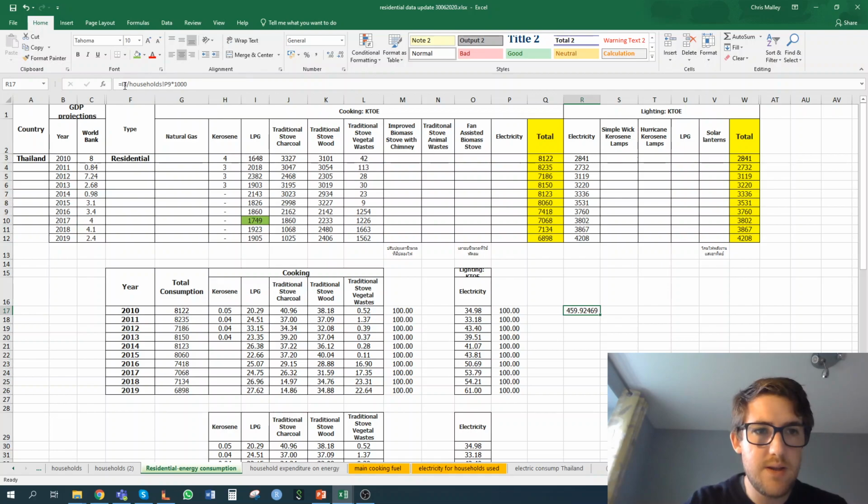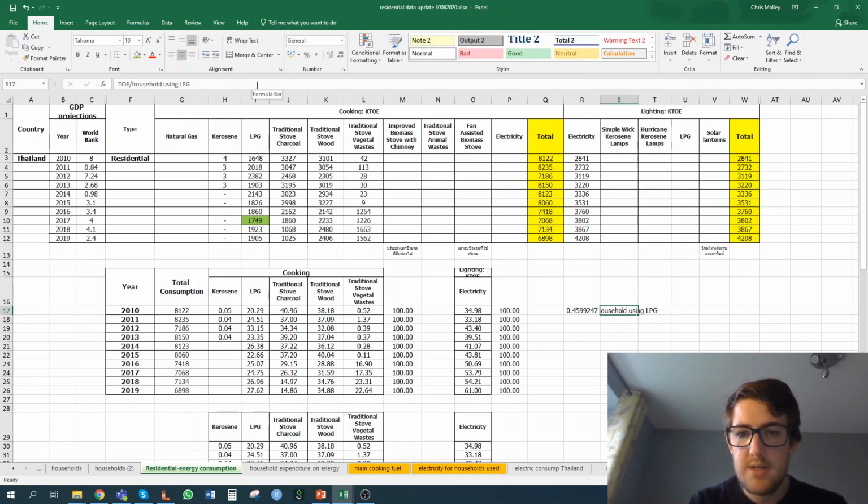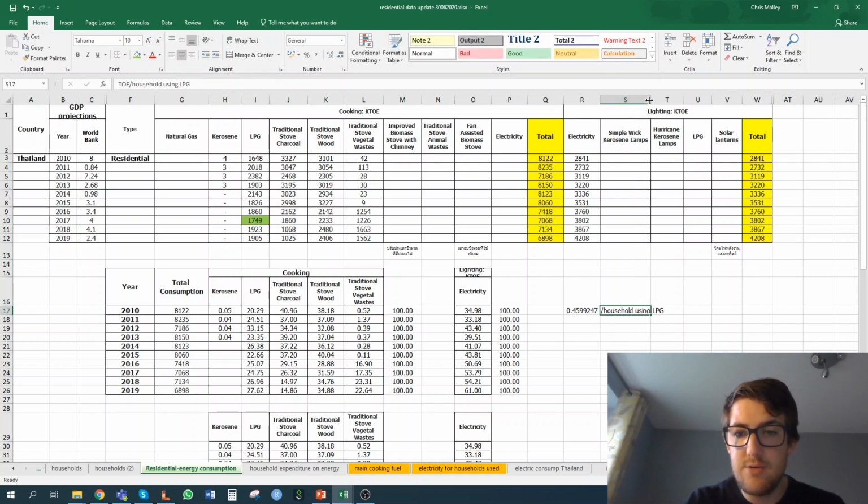That number is, let me just correct the formula. So 0.0004599 thousand tons of oil equivalent. So if I times that by 1,000, that is tons of oil equivalent per household using LPG. So this could be the value that I use.